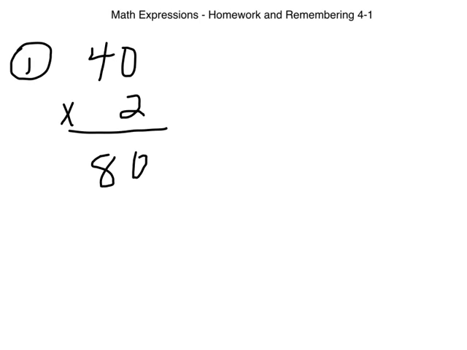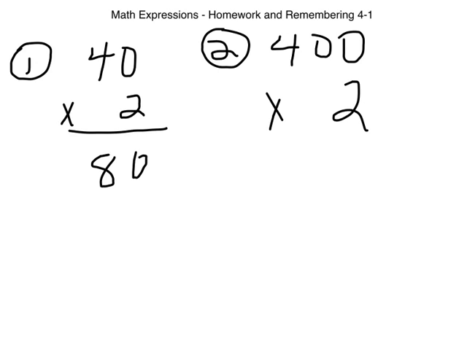Let's look at number 2. Number 2 is not 40, but it's 400. So there's one more extra 0 times the second factor of 2 still. So we can go through and say 0 times 2 is 0, and 0 times 2 is 0 again, because anything times 0 is 0.